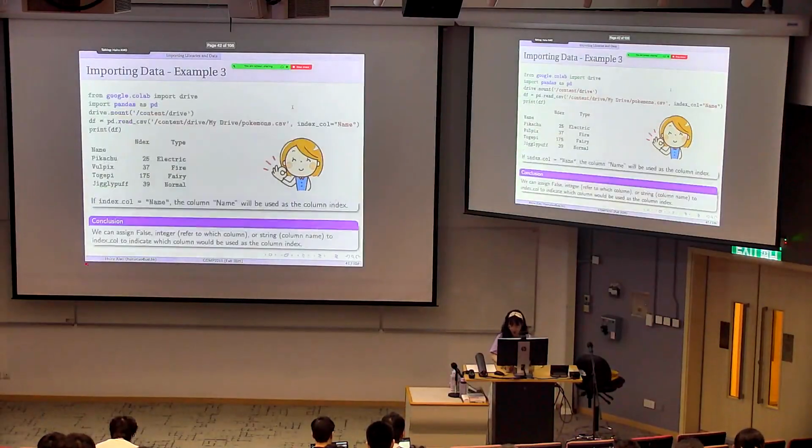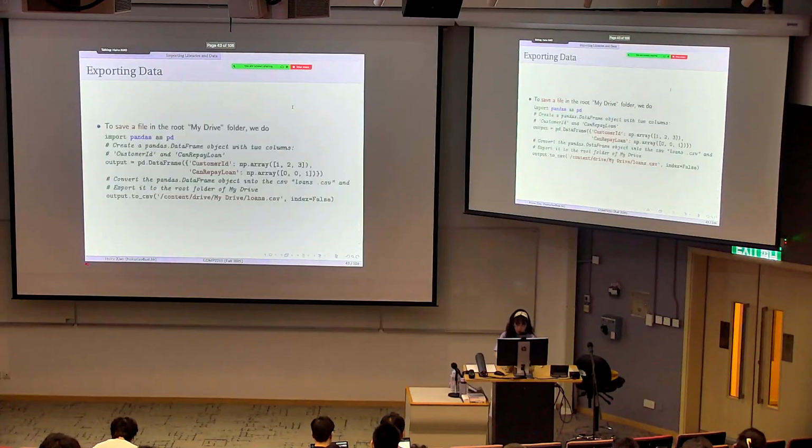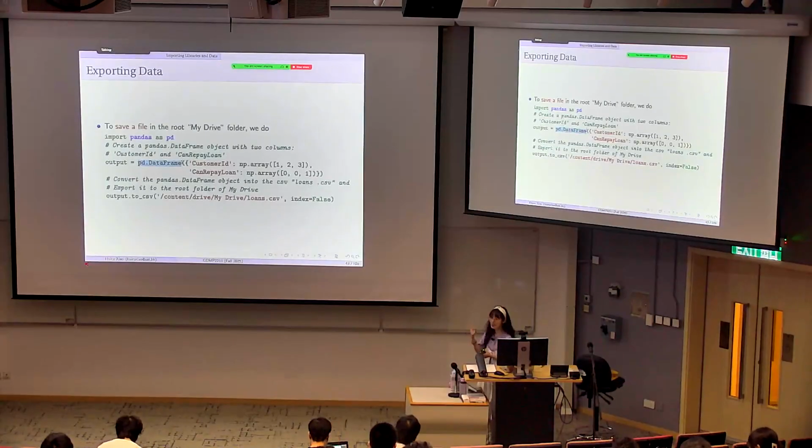What is this data frame? Good question. Data frame is a module inside pandas. Basically, the data object used in pandas is called data frame. So data frame only exists in pandas because pandas defined what a data frame is.